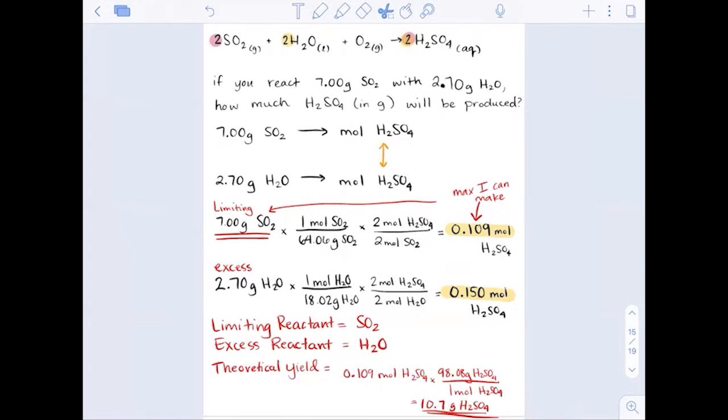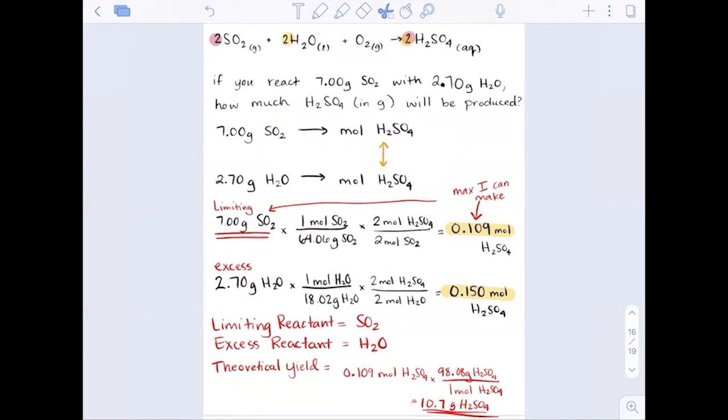But what you need to be comfortable with is comparing apples to apples, converting using stoichiometry to get two different starting materials into the same unit. We chose moles of the product, moles of the answer. Now, you can do this in a variety of different ways, but this to me is the most straightforward way. We'll investigate other ways in class.